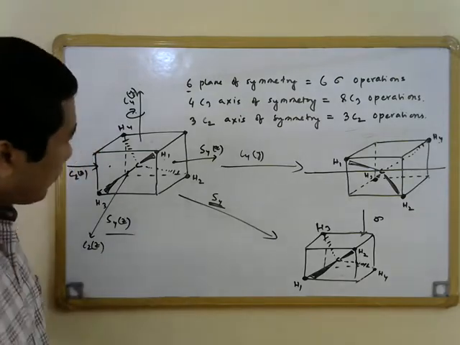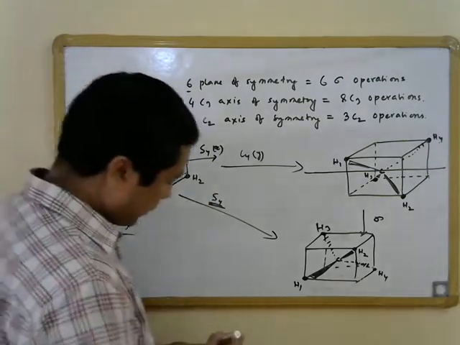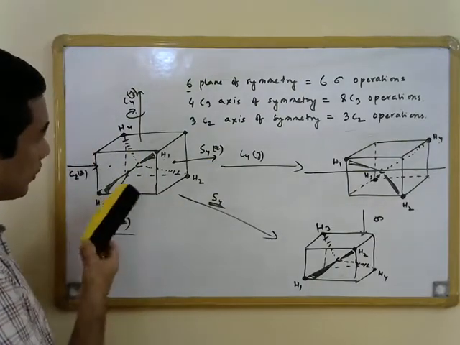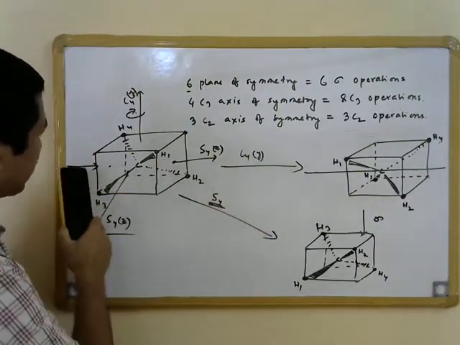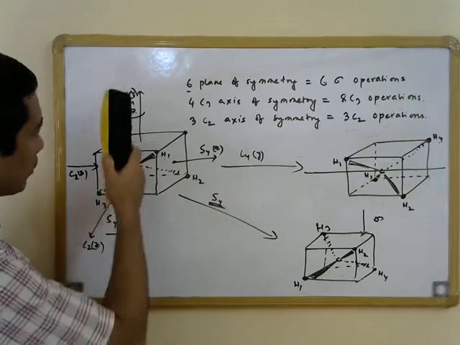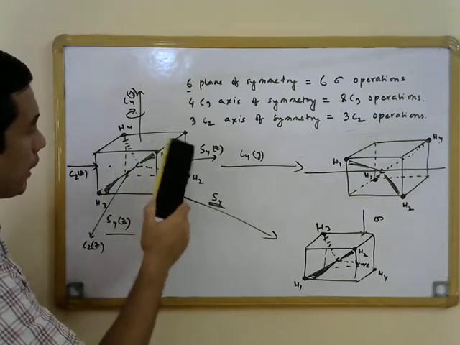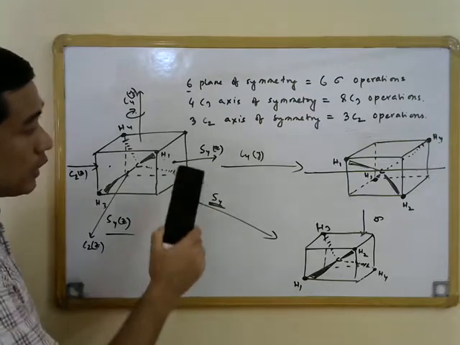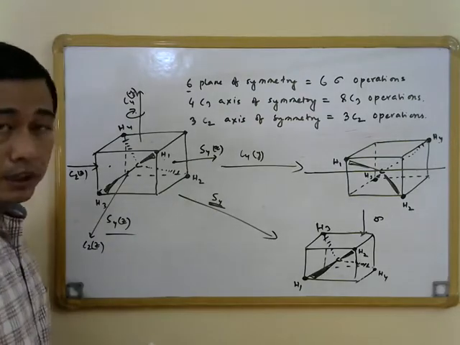And so what we have found over here is that if we do rotation of 90 degree with respect to these axes, and then do reflection with respect to the plane perpendicular to this axis, then we will again reach an indistinguishable configuration.